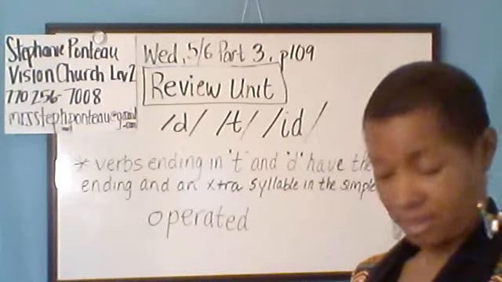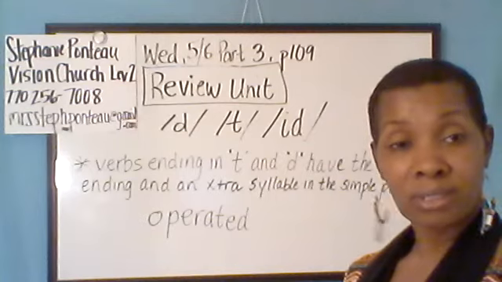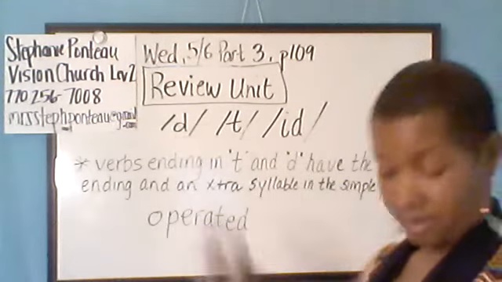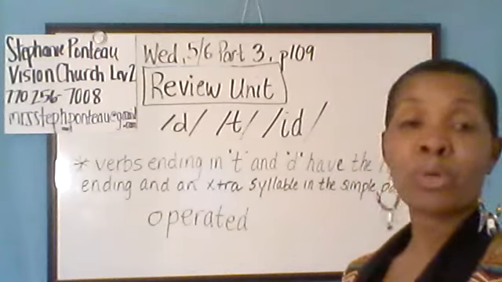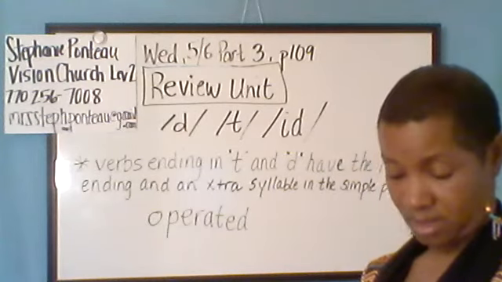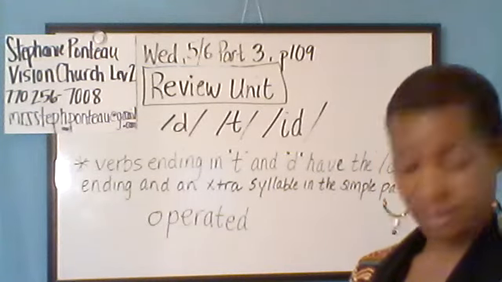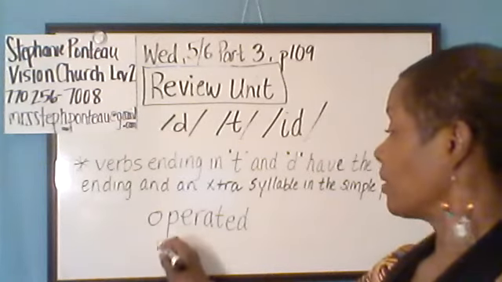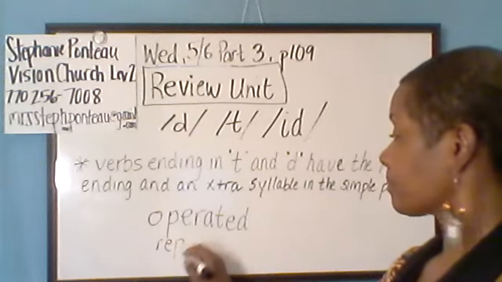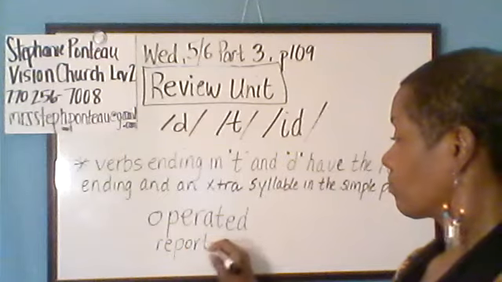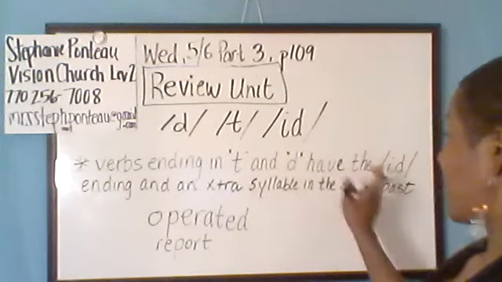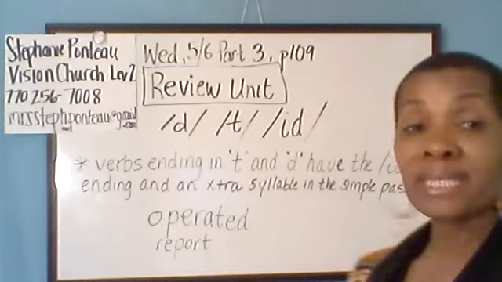Answered. And that's the D. And then reported. Reported. And that's the id sound. But the present tense of the word is report. Ends in T, right? They have the id sound.